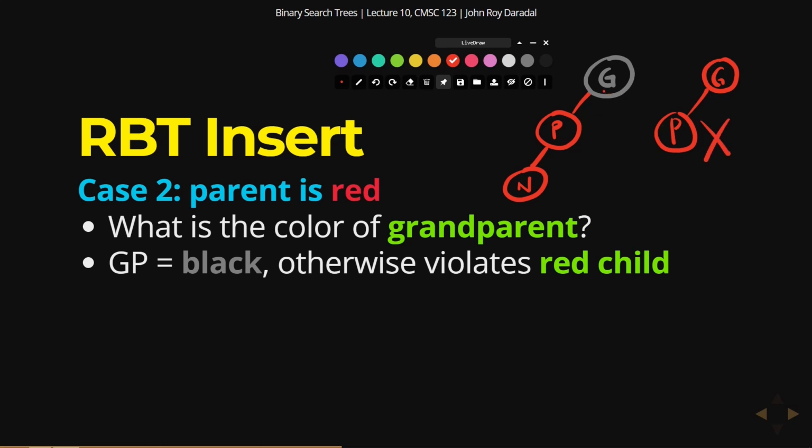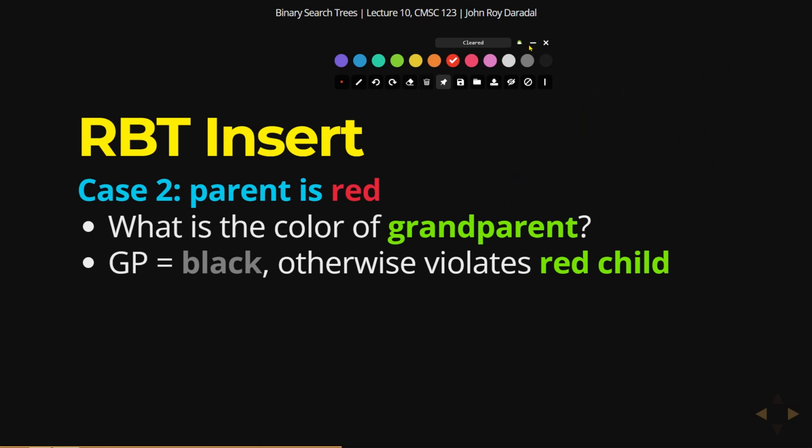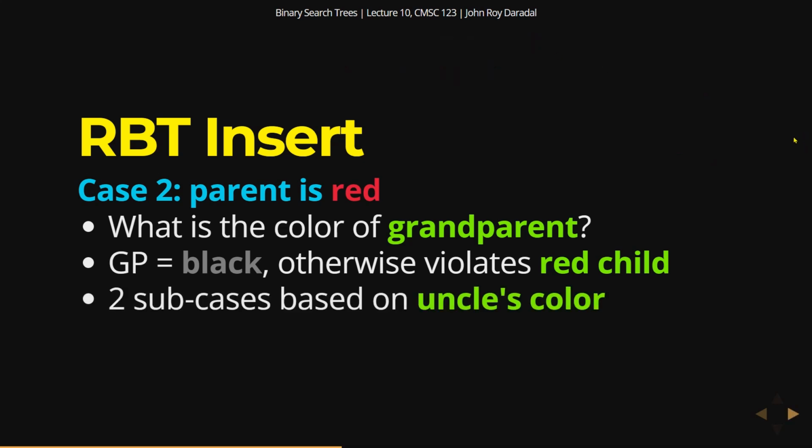So we are sure that the grandparent is black in this case because the parent is already red. But we will check the two subcases based on the uncle's color. What is the uncle?